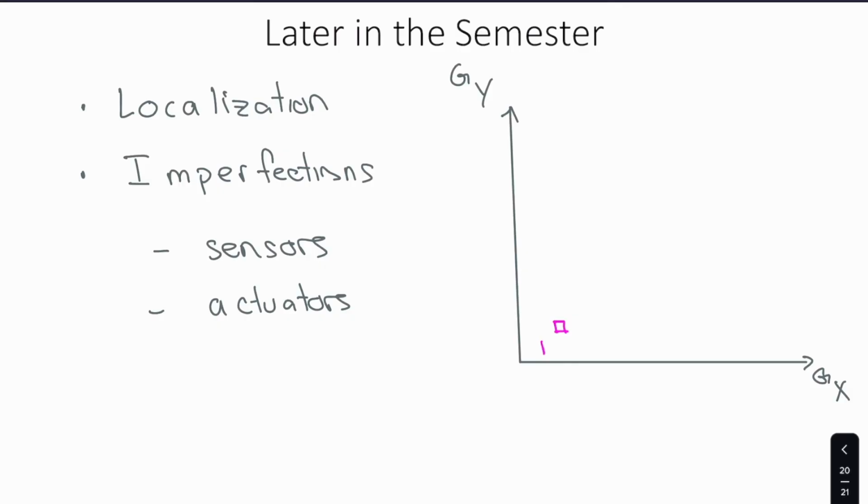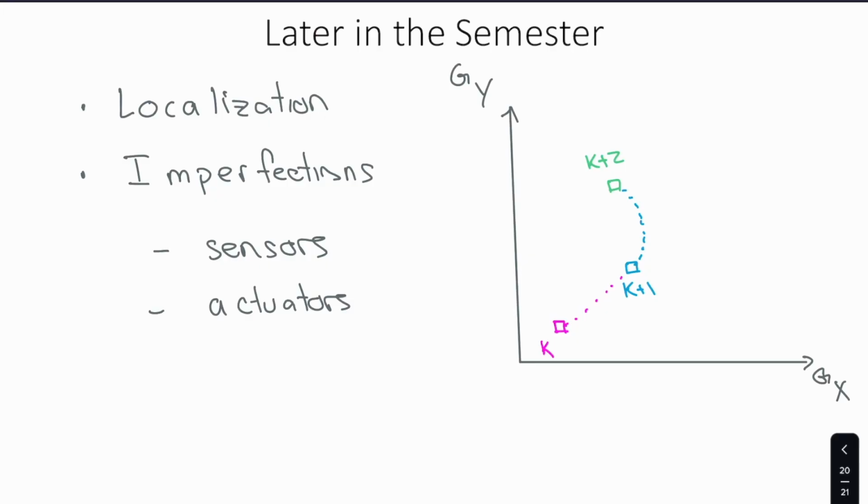So this would be at time step k. At time step k plus 1, maybe we're right here. And again, maybe after performing some other maneuver, we've rotated slightly and gone forward, or maybe rather we've arced out a path to a third location. That would be at time step k plus 2. That's what our current model is telling us.